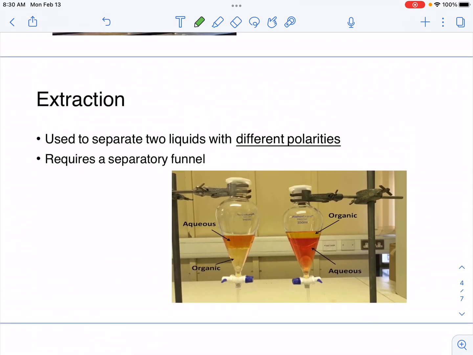Extraction, you probably haven't heard a ton about. We don't do it too much. If you go on to take organic chemistry, you're going to do lots of this. So extraction is used to separate two different liquids with different polarities. So remember, we can be polar or we can be nonpolar. And this requires what's called a separatory funnel. So basically, if I put a mixture, let's say, of oil and water together, we know that water is polar.